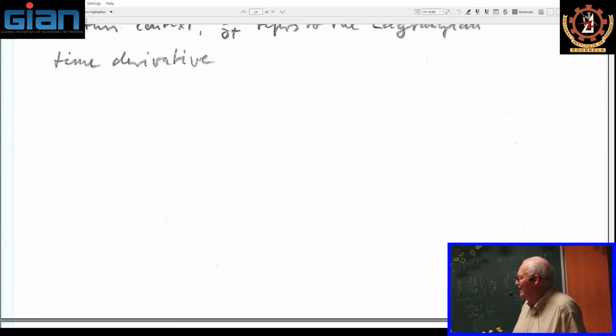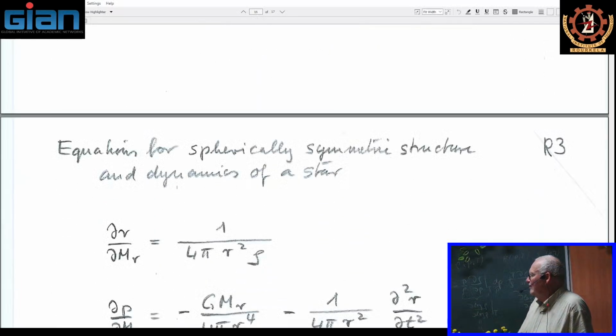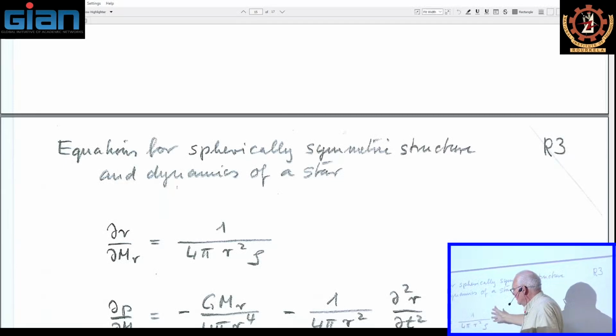So what do we get in the end? We get the equations for spherically symmetric structure and dynamics of the star. We already saw the first one, which is simply the definition of the mass inside a sphere of radius r.